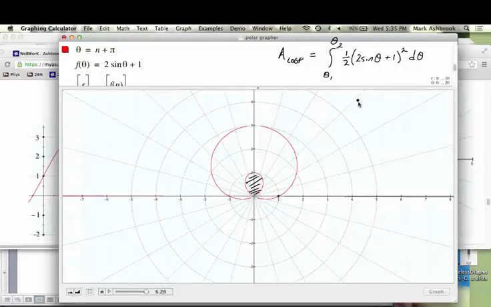So what's true about those places? The function is 0. Yeah, we want to know where r equals 0, right? So we got 2 sine theta plus 1 equals 0. So sine theta equals negative half. Who remembers their trig?